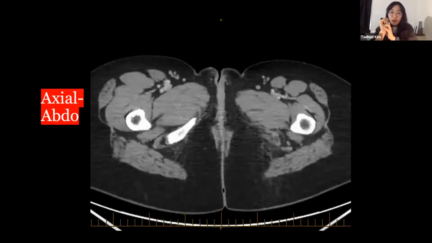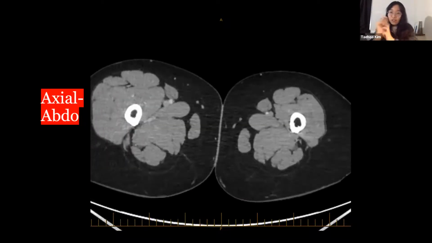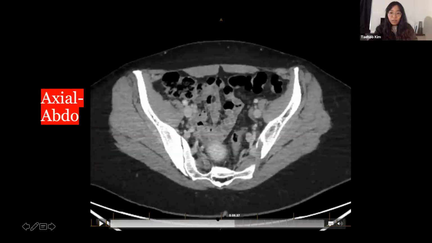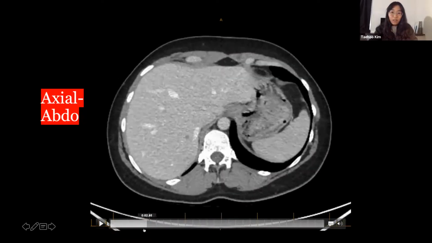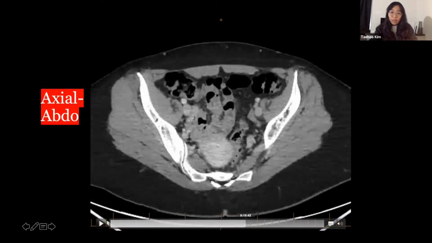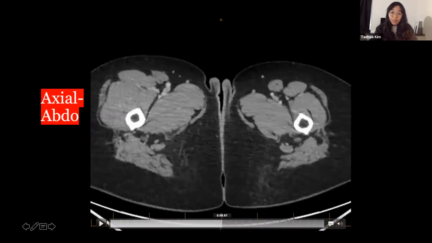Don't pay attention to the little cyst or the small details. And then you can always go back and forth, scrolling up and down to where you think there are abnormalities. This is a normal CT scan, by the way.